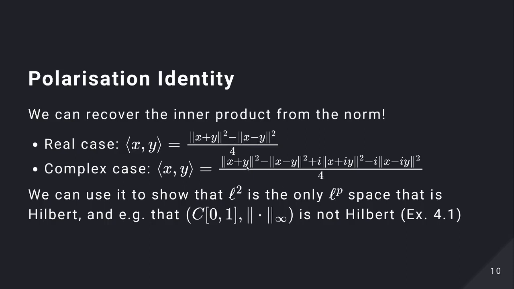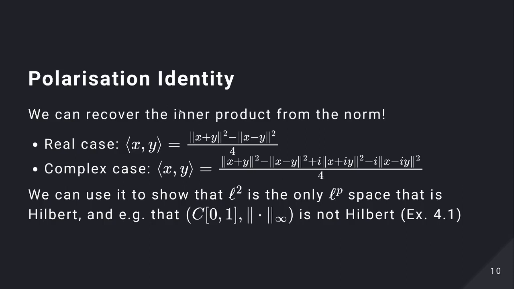In the complex case, it's a little more complicated because we have this imaginary part that gets added. And really this is useful because for any normed space, you could use this formula to try and define what the inner product should be. And okay, you get something that looks like an inner product, but if you're not in a proper inner product space, then you'll find that it won't work properly.